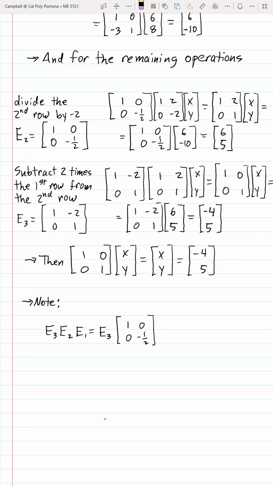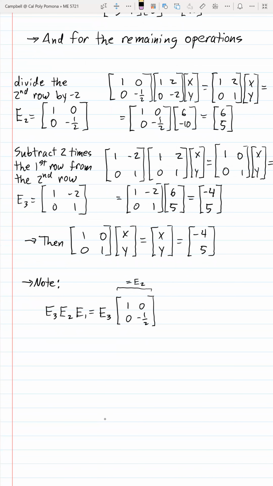So that's going to be, of course, E2. And then for E1, we have 1, 0, negative 3, 1. So you will recall that being E1.